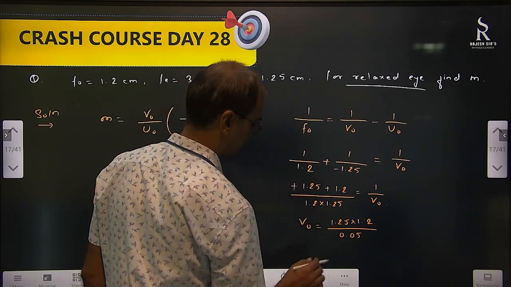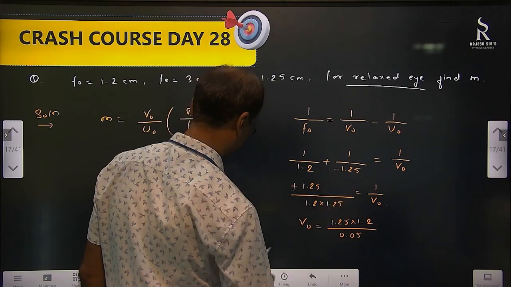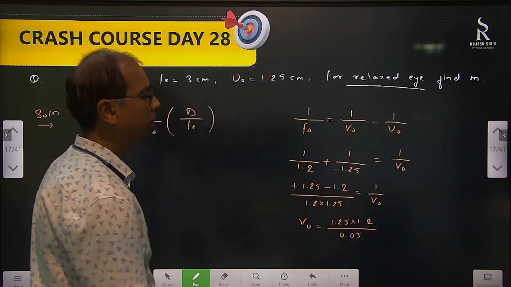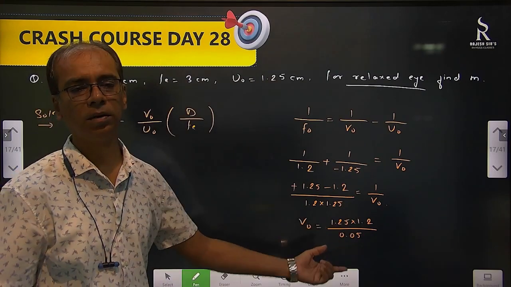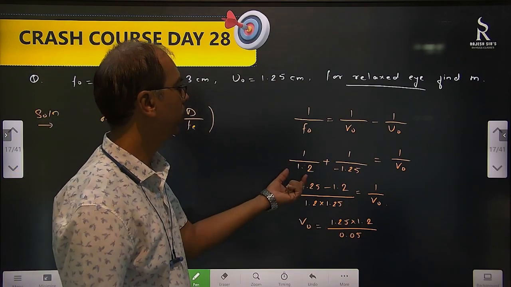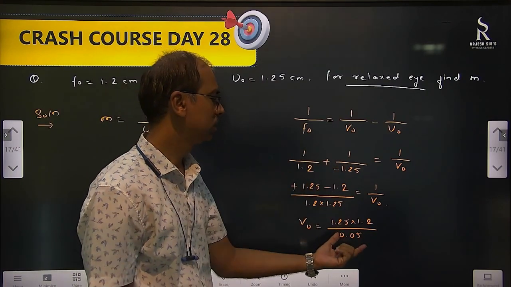This is plus and this is minus. Yeah, now it's okay, because V naught cannot be negative. It's a real image. So this is 1 by 1.2 minus 1 by 1.25. So it will become positive. So this is V naught value.